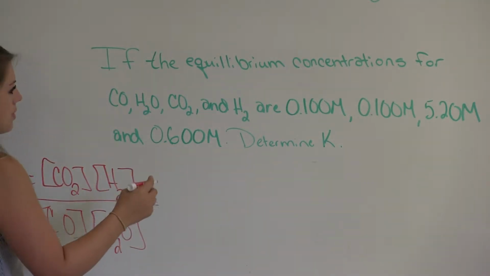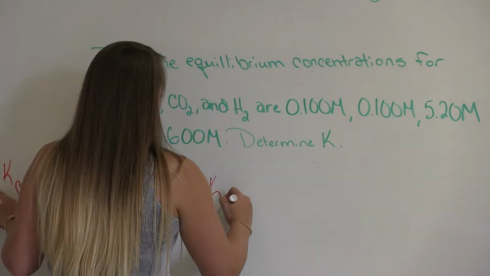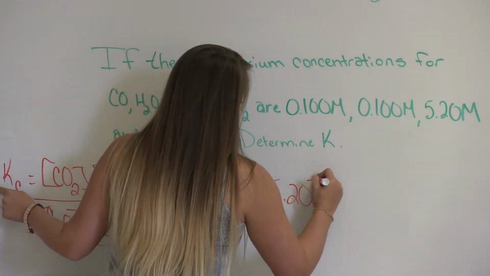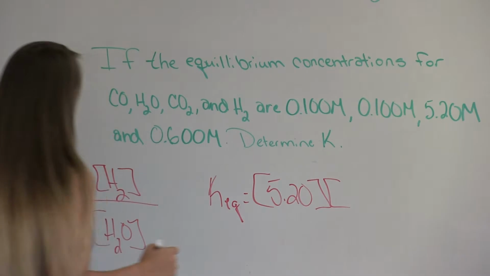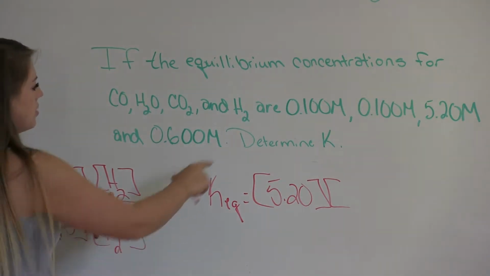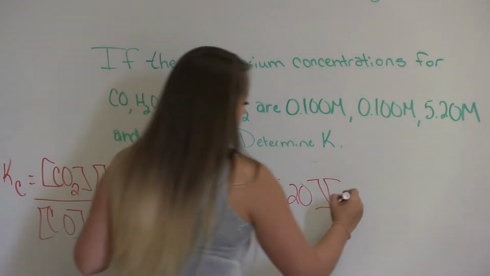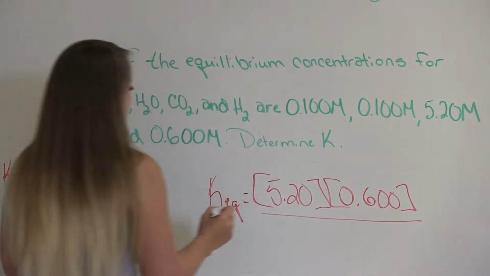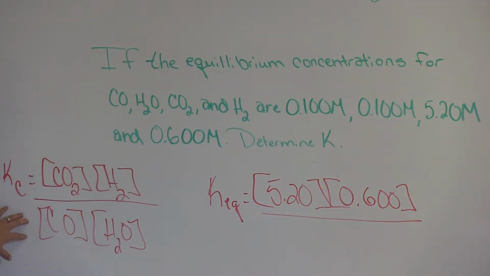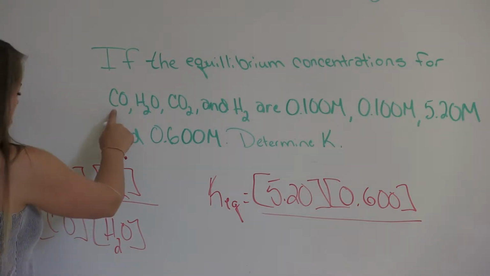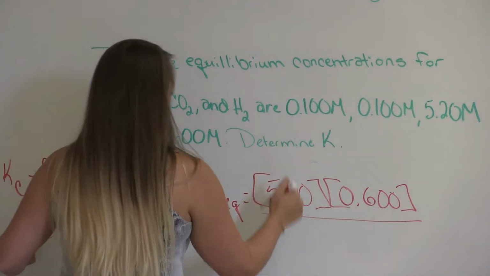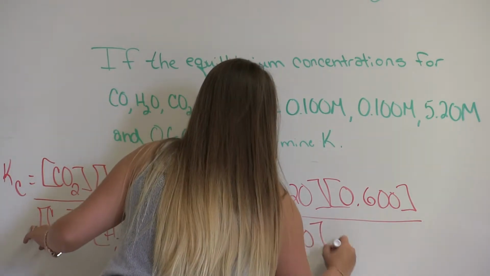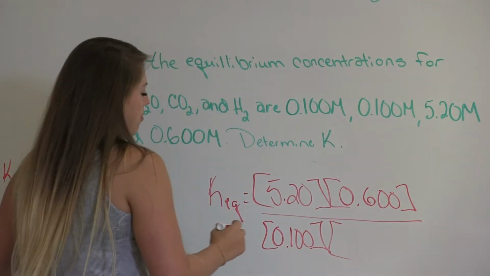Carbon dioxide is 5.2 molar, so we have 5.2 times the concentration of hydrogen gas, 0.6 molar, divided by the concentration of our reactants, 0.1 molar times 0.1 molar.